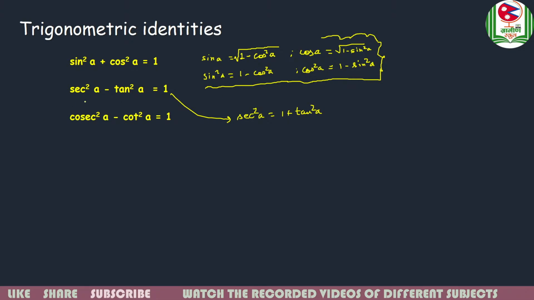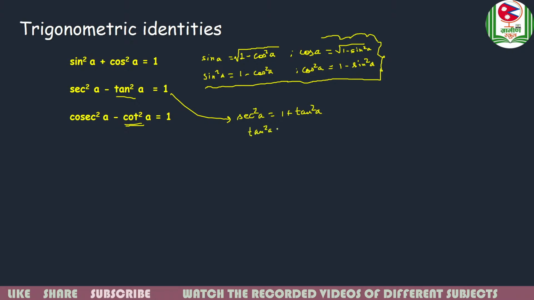Don't get confused. In the first, we have sin square a plus cos square a, but in the second, sec square a minus tan square a. Again in the third, that is cosec square a minus cot square a. First we have tan in sec and cot in cosec. So how will we find out tan square a?